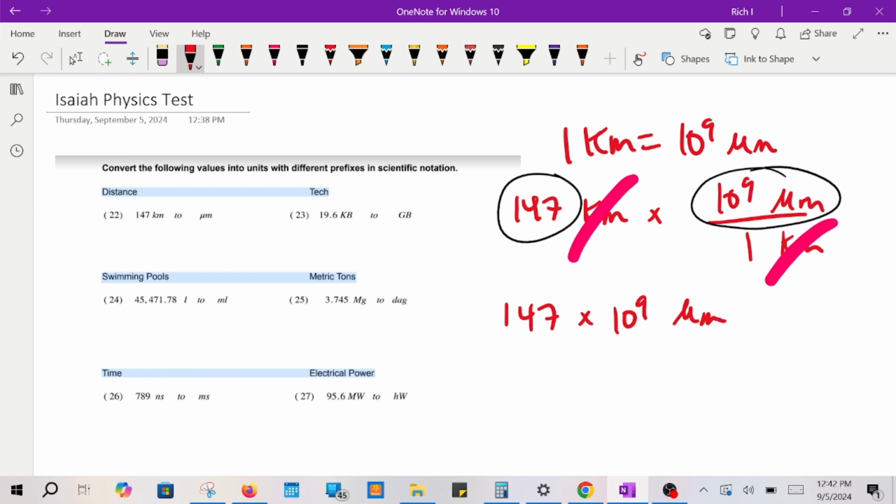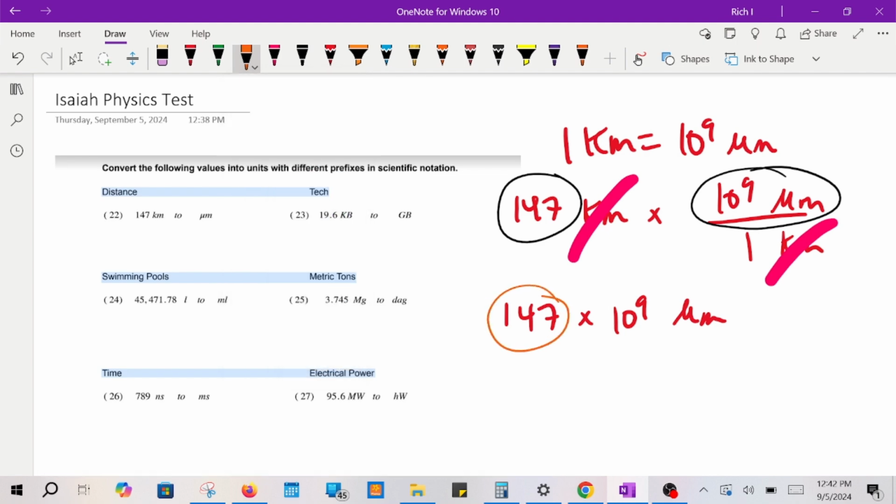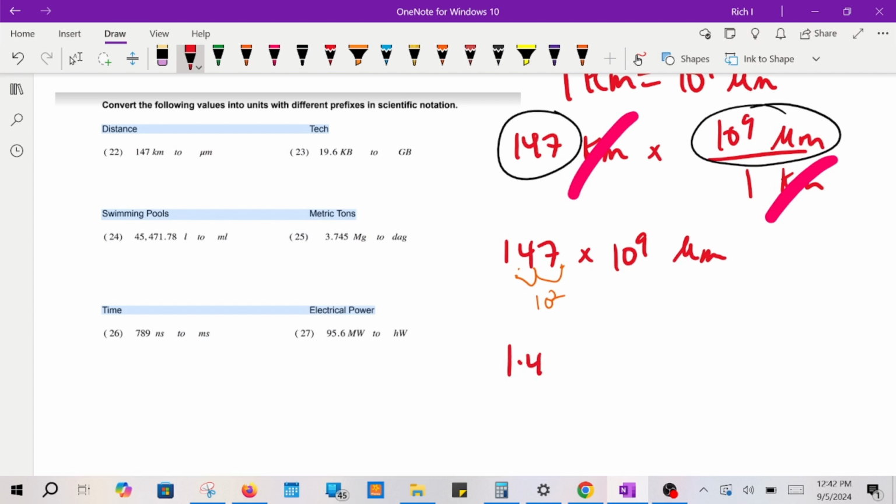Now what I found easiest is to put the 147 in scientific notation, 1.47. We move the imaginary decimal place 2 times, 1, 2, and that's a total of 10 to the second. So this changes to 1.47 times 10 to the second, and then times 10 to the 9.